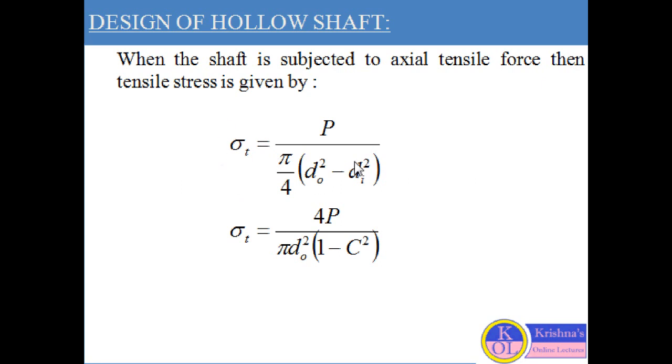This is the formula for the tensile stress on the hollow shaft. If we put the value of C, that is DI by DO, the sigma T will be 4P by pi DO square into (1 minus C square). This is the formula for the tensile stress for the hollow shaft.